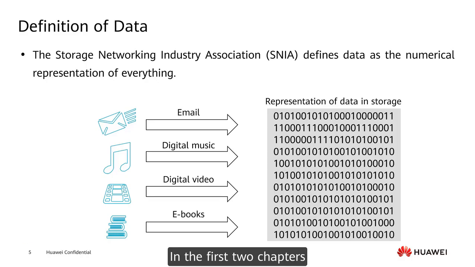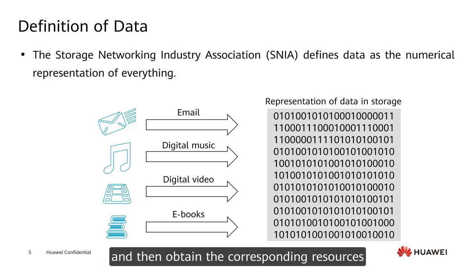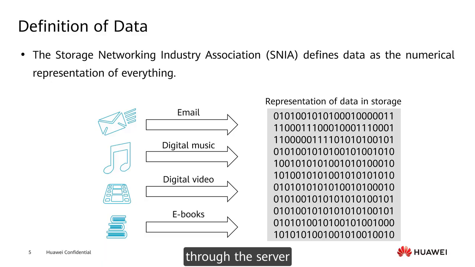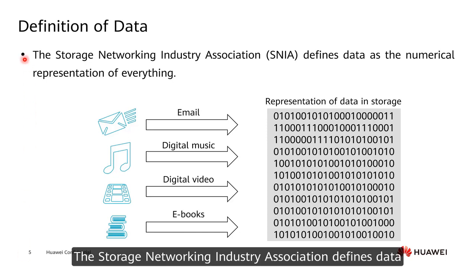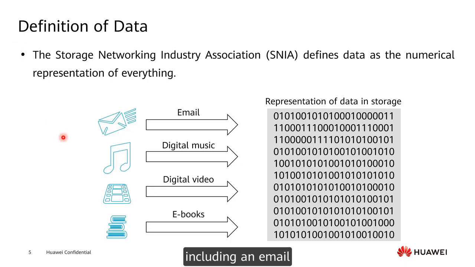In the first two chapters, we have introduced how to build a web server based on openEuler, and then obtain the corresponding resources through the server, whether dynamic resources or static resources, which belong to the data. The Storage Networking Industry Association defines data as a digital representation of all transactions, including an email, a piece of digital music, a video, or an e-book.